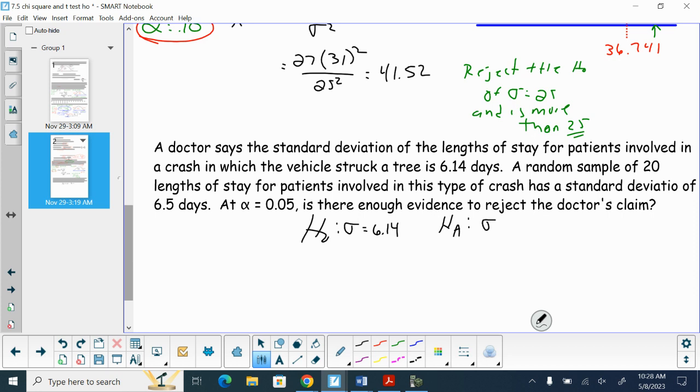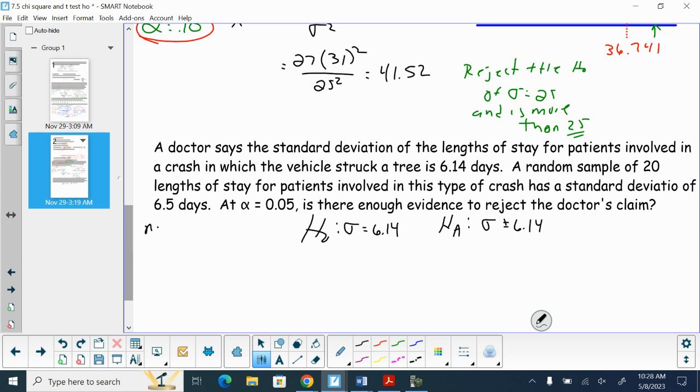This is that one time where what he hopes is true goes into the null hypothesis. As I talked about before, sometimes that occurs. But the null hypothesis is the only thing that we can reject or fail to reject.